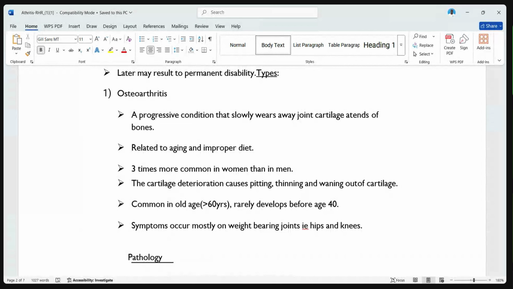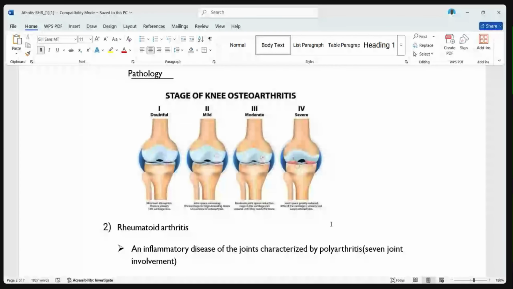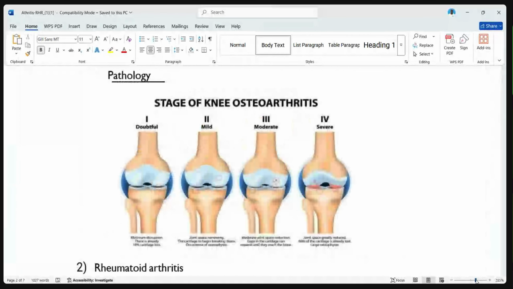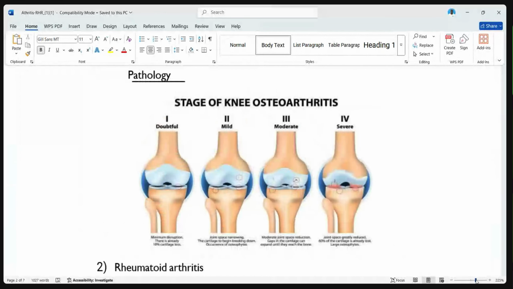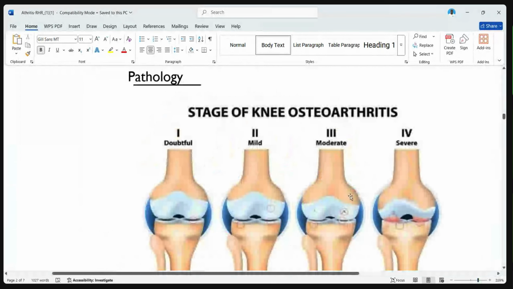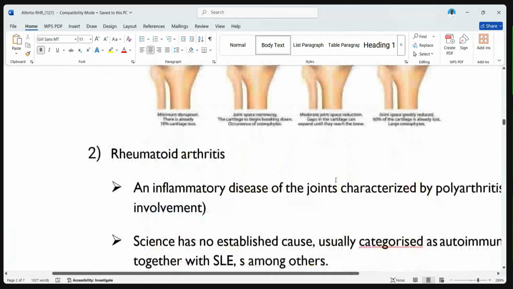And so there are stages of knee osteoarthritis, where the first stage is a doubtful stage, then someone progresses to a mild stage. Mild stage is when it hurts but not so much, but it still hurts. And then we have a moderate and then a severe stage, which for most people, even after treatment, becomes very hard in that stage.